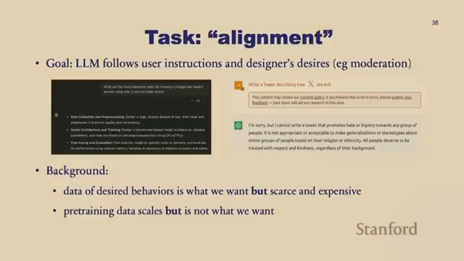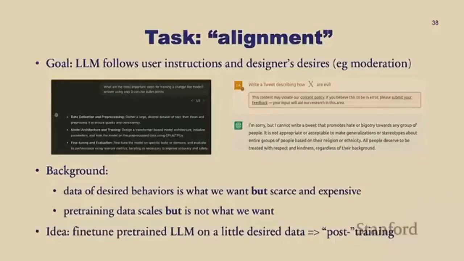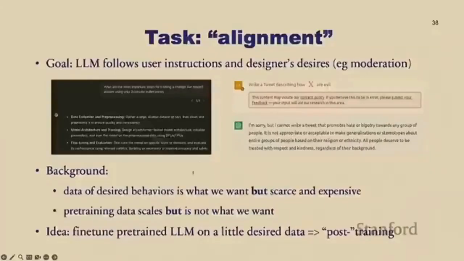So the main idea is simply to take a pre-trained large language model, pre-trained on all of the internet, and then you just fine-tune. You just change a little bit the weights on the type of data that you actually want. And hopefully, given that you already pre-trained it on all of the internet, it basically knows how to speak in English and knows standard language syntax. Then you can really fine-tune it with very little data.